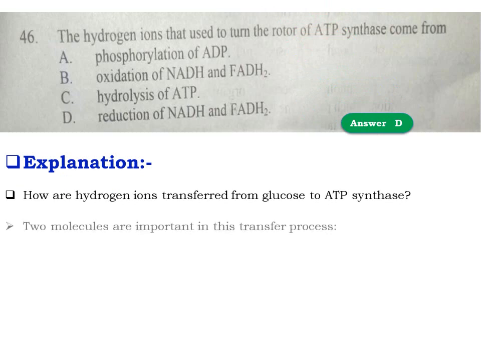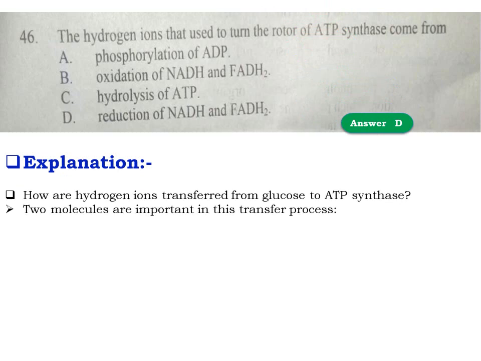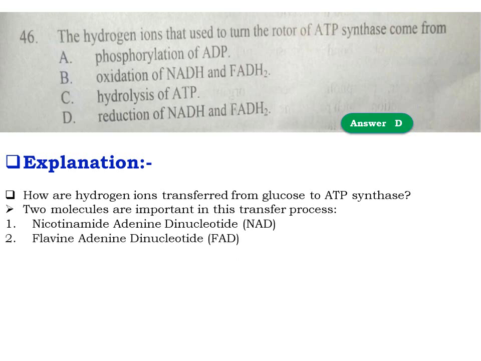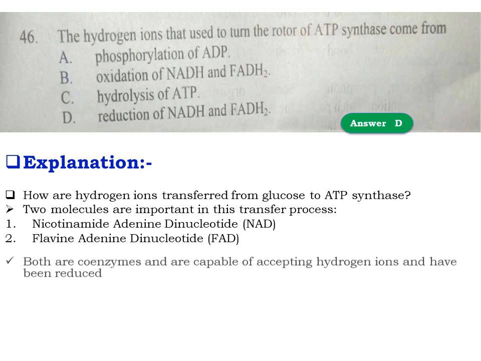Let us see the explanation. How are hydrogen atoms transferred from glucose to ATP synthase? Two molecules are important in this transfer process. The first one is nicotinamide adenine dinucleotide. The second one is flavin adenine dinucleotide.